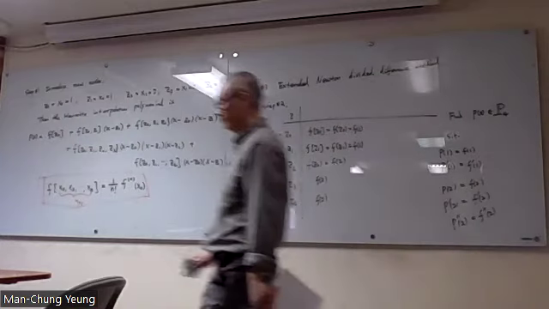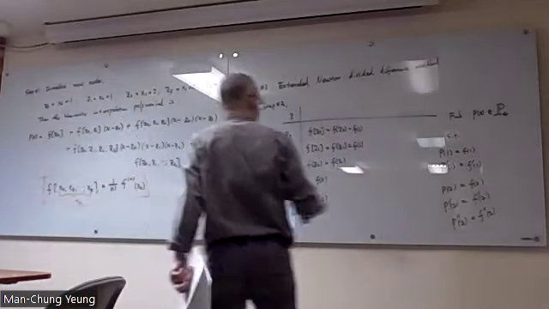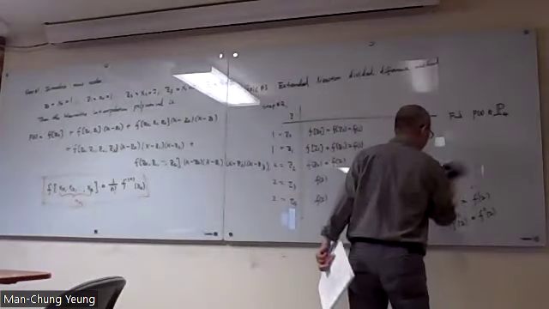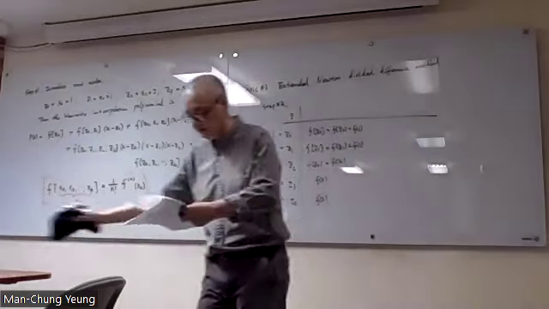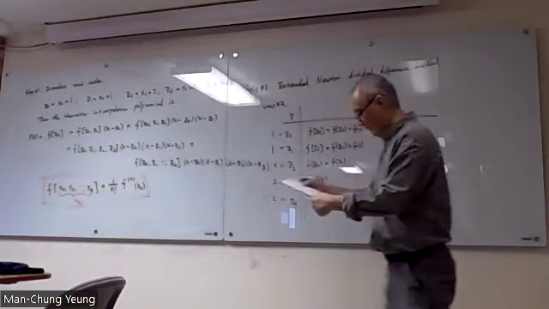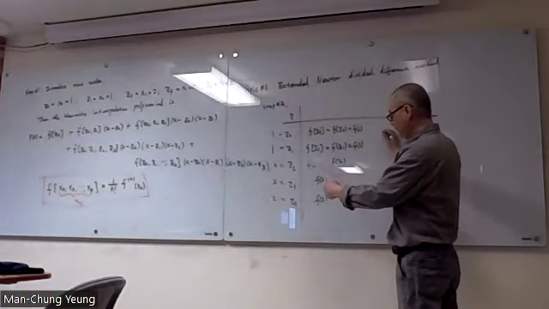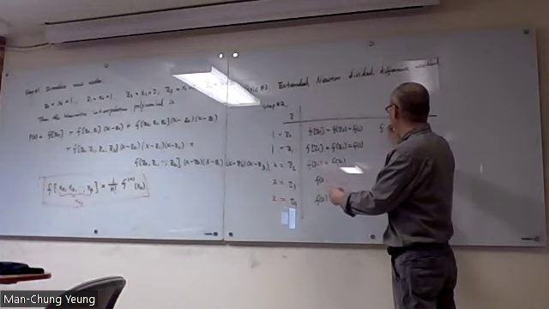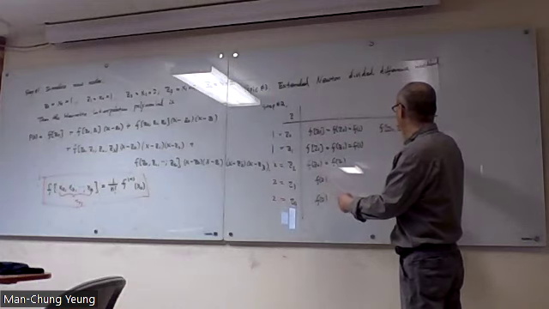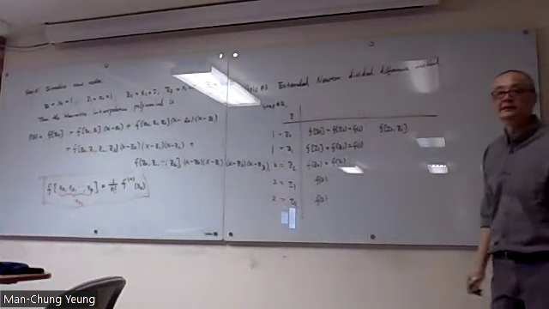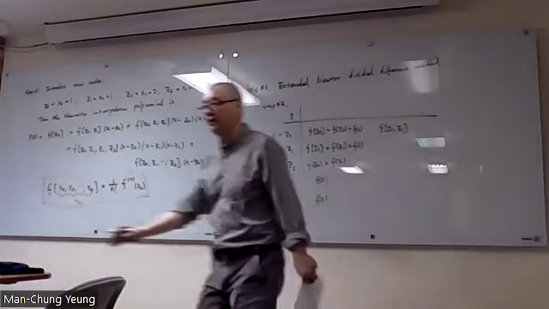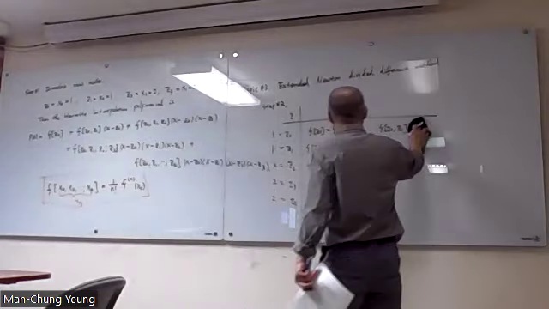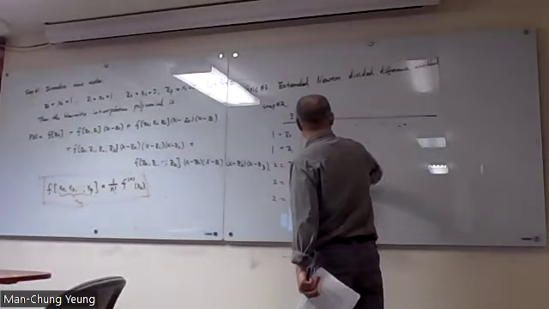Okay. Now, the next column, this is F[C0, C1]. So let me use more space here.